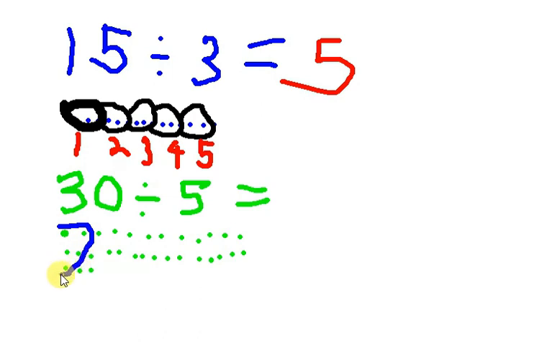The first 5 is gone. We look at the second 5, or another group of 5: 1, 2, 3, 4, 5.